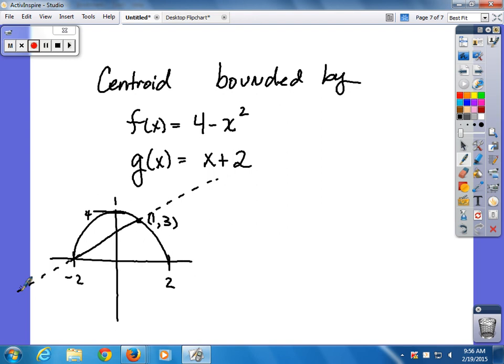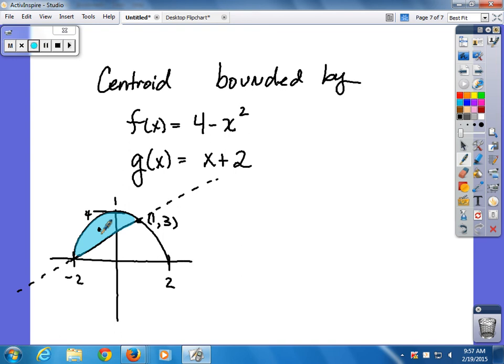So they want to know what the center of mass of this area is. Now you can look at it and tell it's going to be somewhere right here, but you got to tell me what the actual value is.